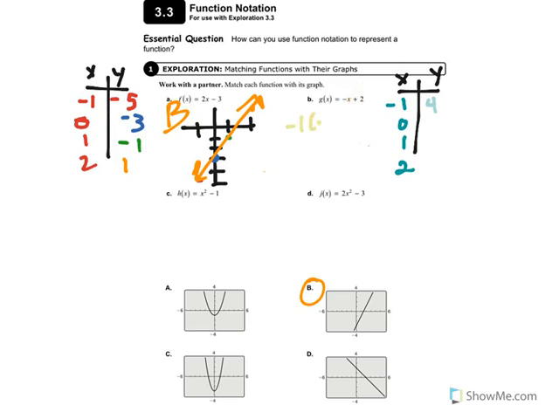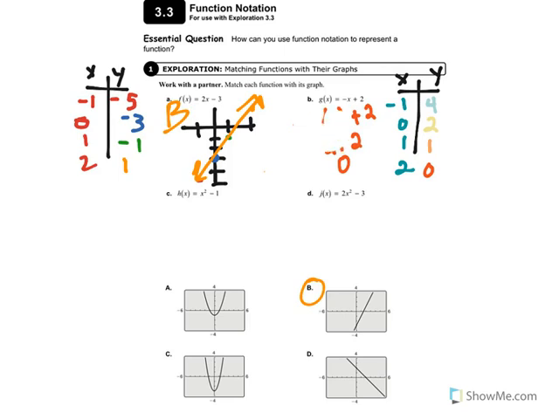So we have negative 1 times 0, which is 0, plus 2. 0 plus 2 is 2. Now we have negative 1 times 1 plus 2. Negative 1 plus 2 is positive 1. And then negative 1 times 2 plus 2. Negative 2 plus 2 is 0.